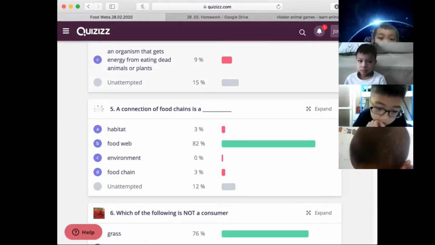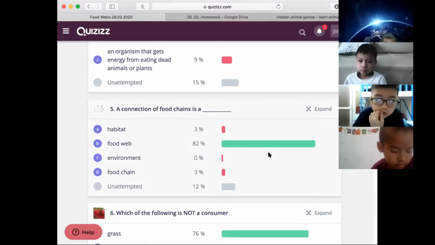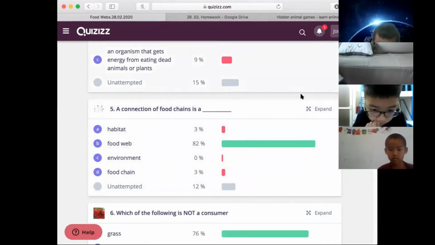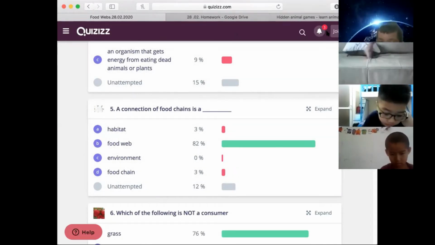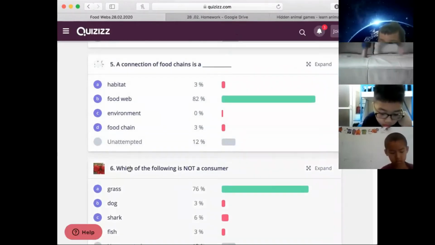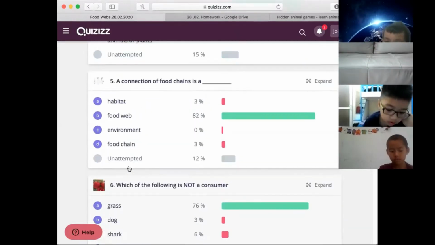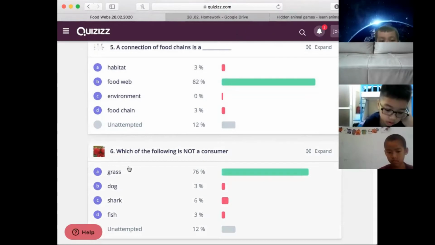A connection of food chains is a 1, 2, 3. Web. Very good job. Excellent work, everybody. A food web. Which of the following is not a consumer? 1, 2, 3.